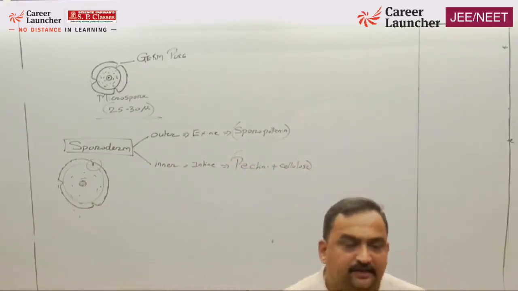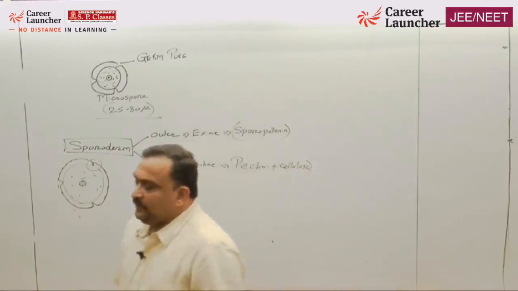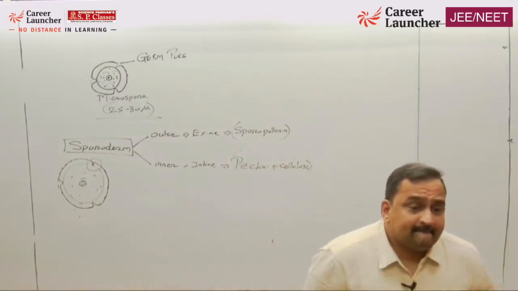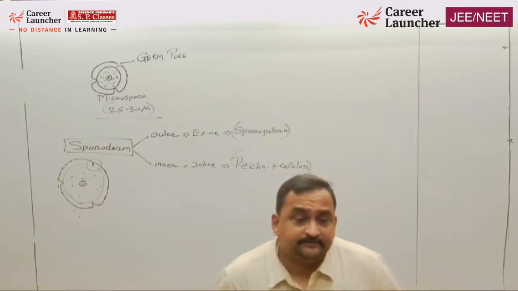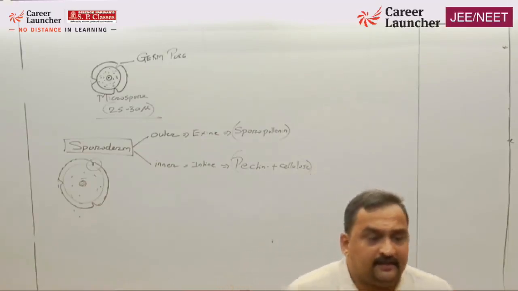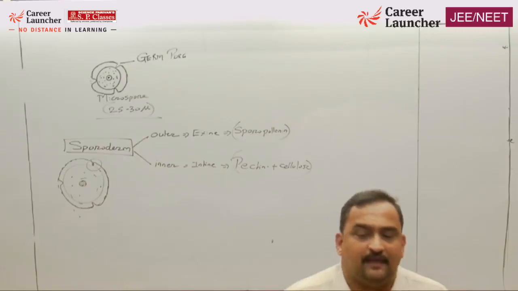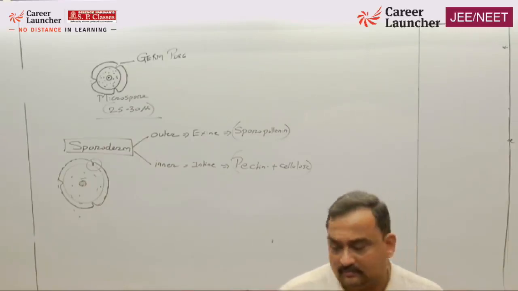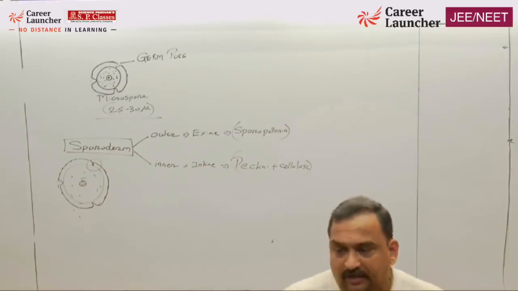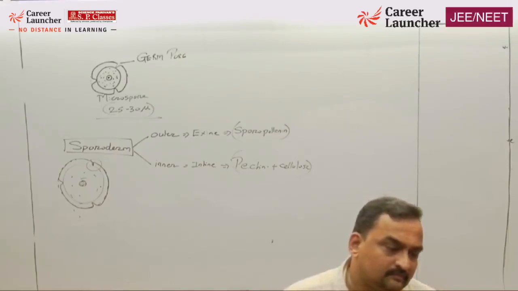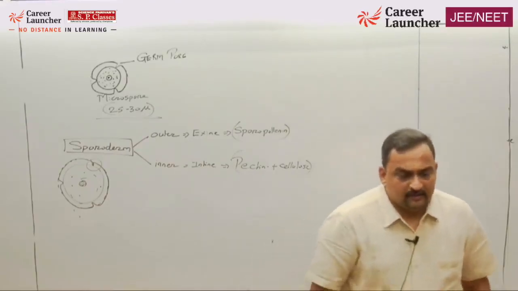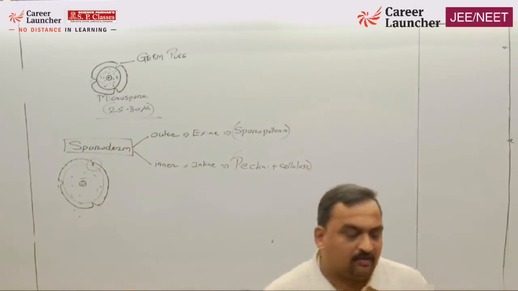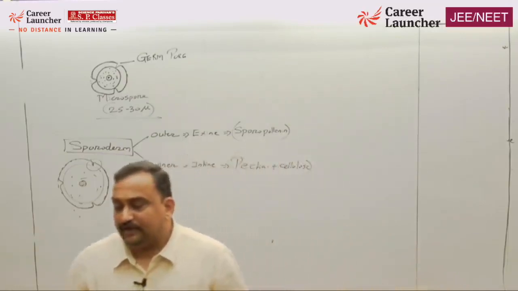At certain areas, at certain intervals, the exine is either absent or unthickened. Such areas are called germ pores.